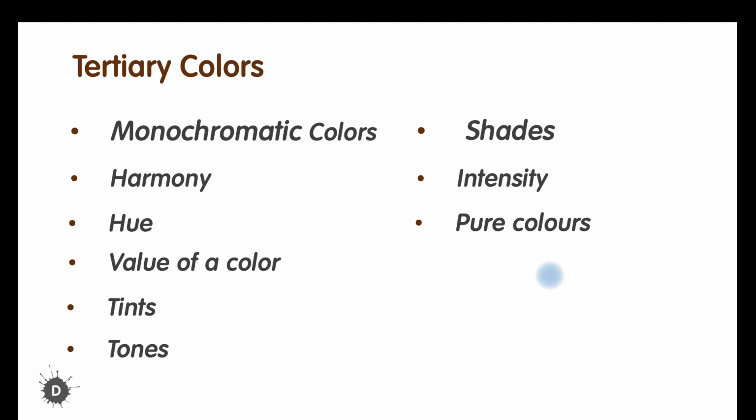Pure colors are bright, crisp, and clear. They have not been changed from their original form. Overtone means the warmth or coolness associated with warm or cool things. That means the environment. Like if you want to make a design and there's water, we always associate blue, light blue, with water color.